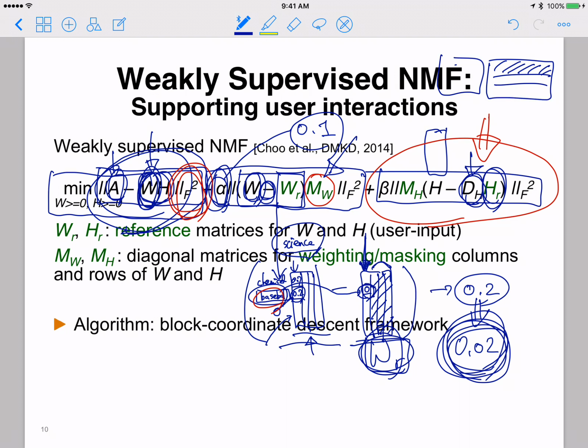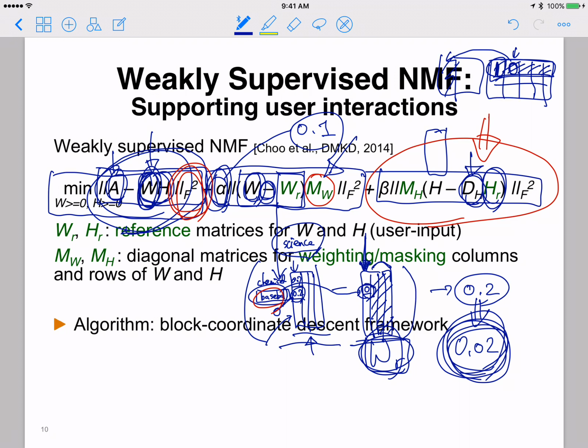So for example, in the case of the first topic, we want a pure contribution from the first document. But in the case of the second document, we want zero contribution or zero relevance to the same topic or virtual document. That way we can have the first row in H as a cluster indicator.